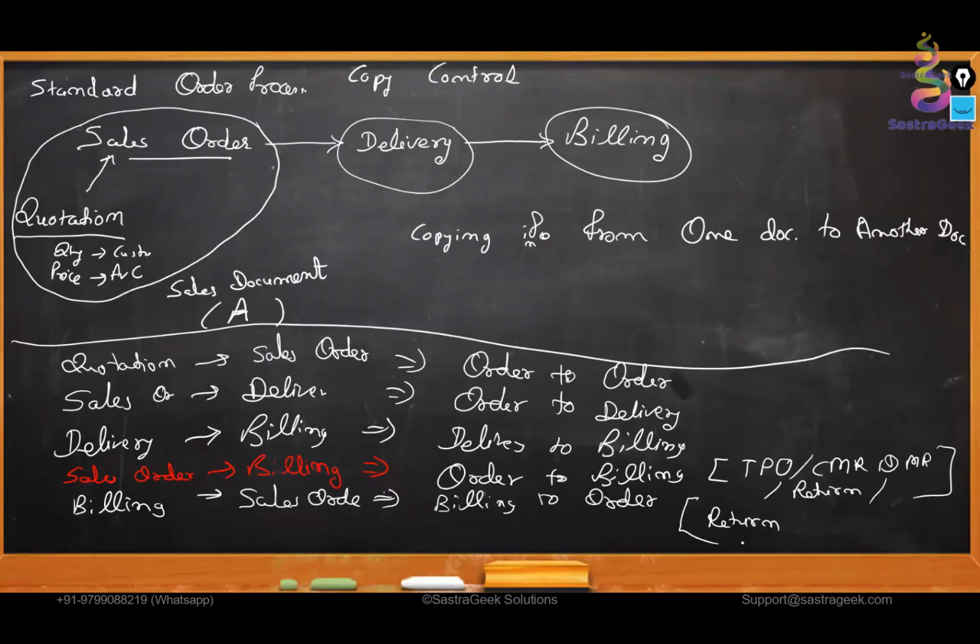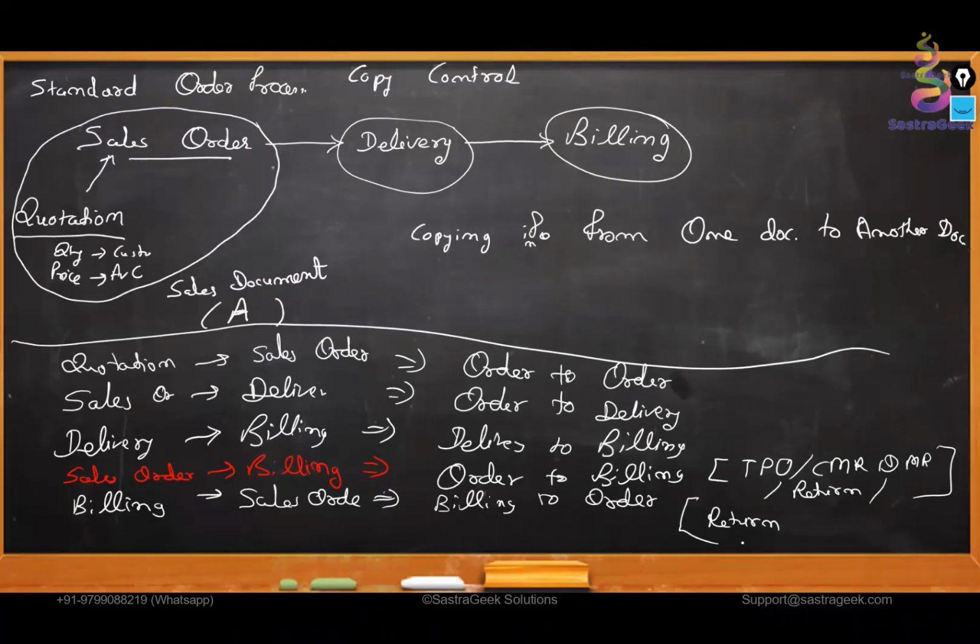In those cases, you would still use the reference of the invoice to provide the free of charge product. Against that invoice, I am sending one more free product because there is some problem. So these are the scenarios where you would need billing to sales order.